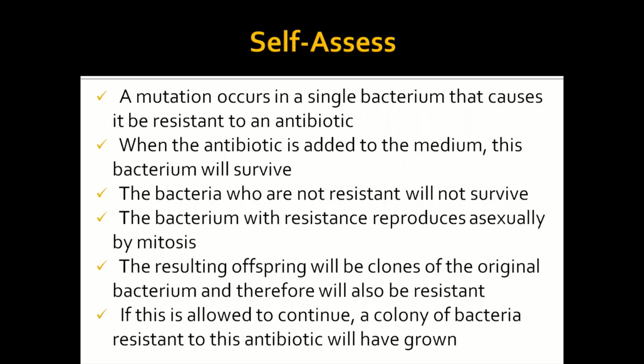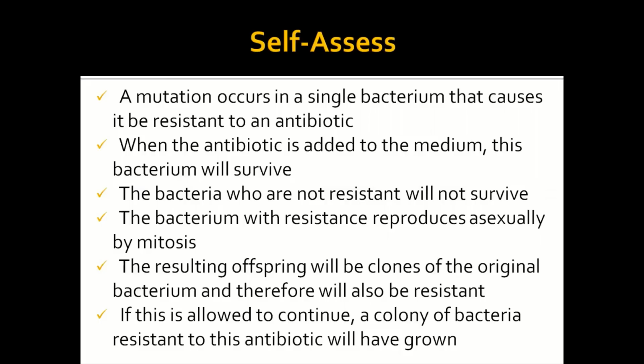A mutation occurs in a single bacterium that causes it to be resistant to the antibiotic. When the antibiotic is added to the medium, this bacterium will survive because the bacterium is resistant to the antibiotic. The bacteria who are not resistant will not survive.